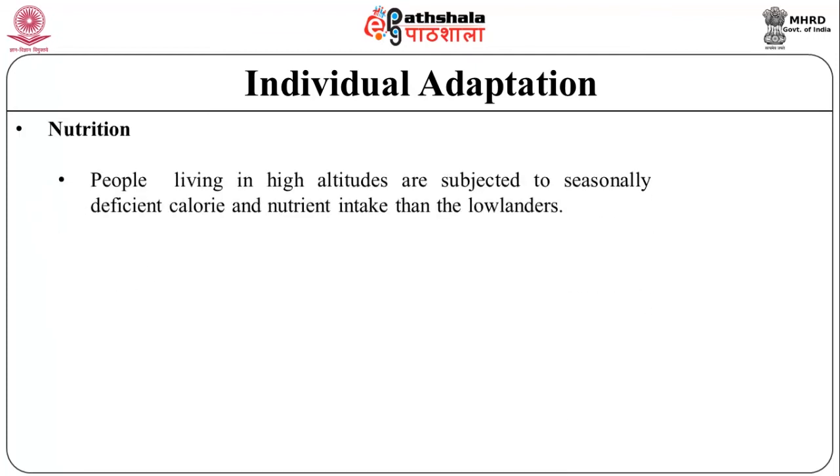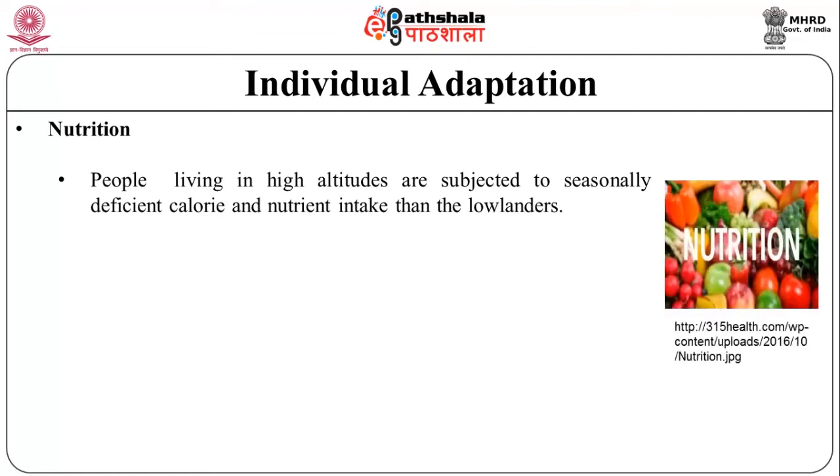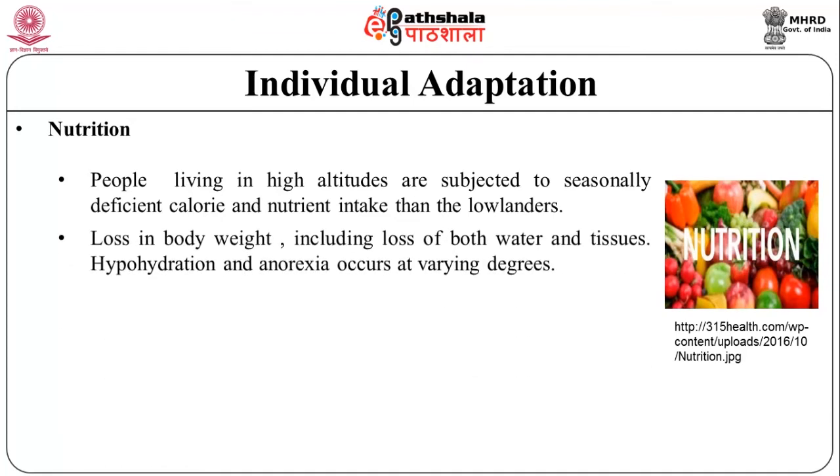Then we can talk about nutrition. People living at high altitude are subjected to seasonally deficient calorie and nutrient intake compared to the lowlanders. Acute exposure to hypoxia is associated with loss in body weight, including loss of both water and tissues. Hypohydration and anorexia occur at various degrees.